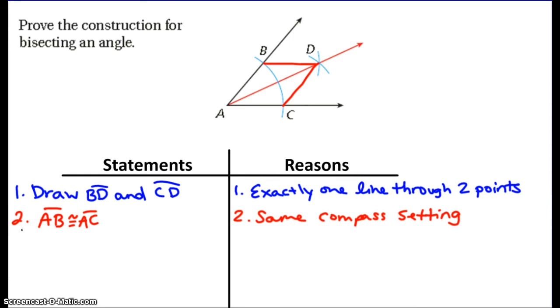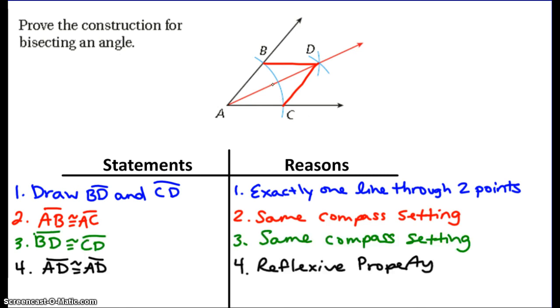I also know that BD and CD are the same measure because of the same reason. I also know that AD is congruent to itself by the reflexive property. So I have AB and AC are the same measure, BD and CD are the same measure, and that AD is shared by both triangles.